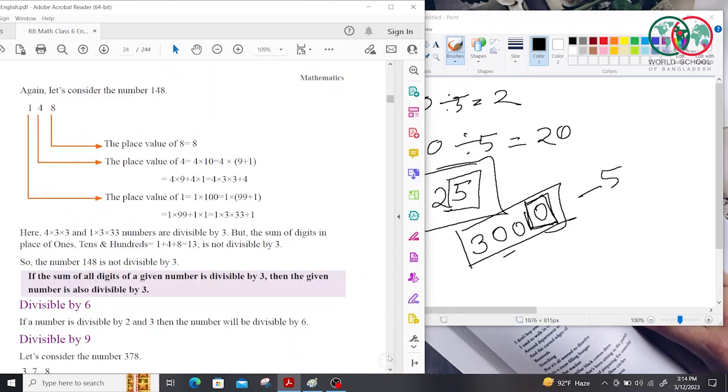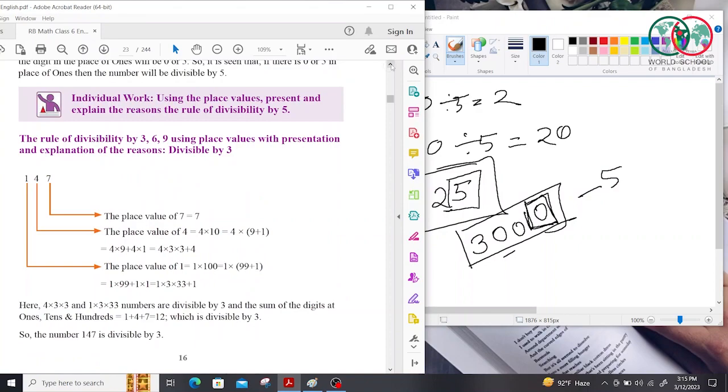Okay, next, divisibility by 6. If a number is divisible by 2 and 3, then the number will be divisible by 6. Okay, I missed divisibility by 3, I guess. When a number is divisible by 3, it's a little different from the other rules.